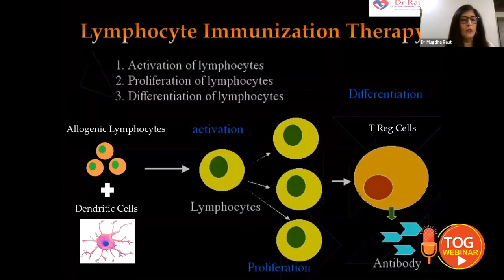Whenever allogenic lymphocytes are separated and injected into the skin, they react with the dendritic cells, which send signals to the lymph system and cause activation of lymphocytes. This causes proliferation of lymphocytes and differentiation to Treg cells and the production of blocking antibodies.